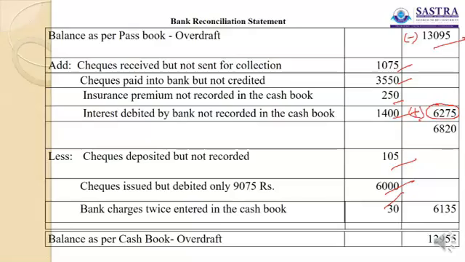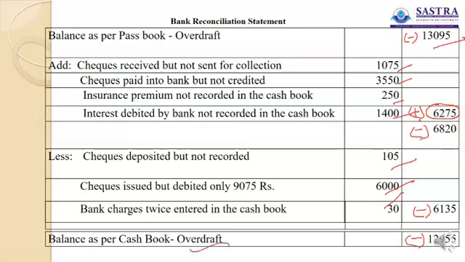So what happened? Again the excess of minus, and the symbol is minus. Minus and minus, add up the total minus. So that 12,955 rupees is the balance as per cash book overdraft.